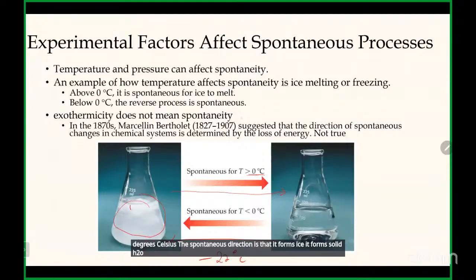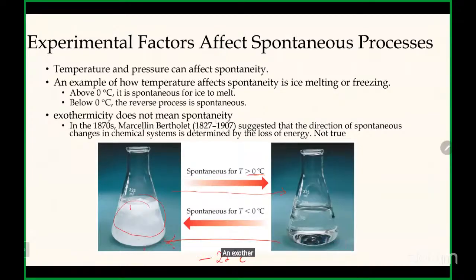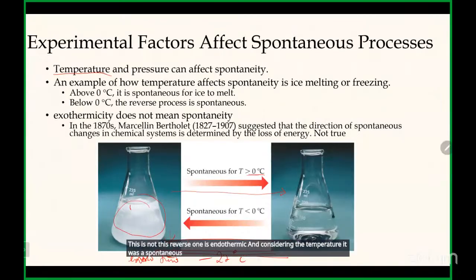Now, somebody suggested that an exothermic reaction is spontaneous. But from what we just described here, this reverse one is endothermic, and considering the temperature, it was a spontaneous reaction. So delta H is not a condition to determine whether a reaction is spontaneous or not.